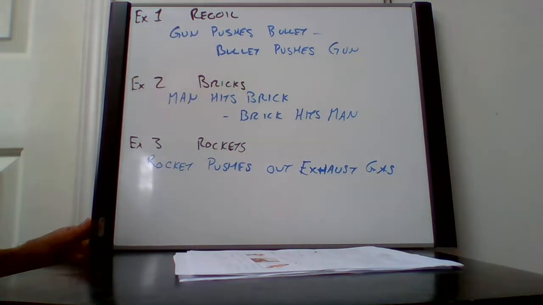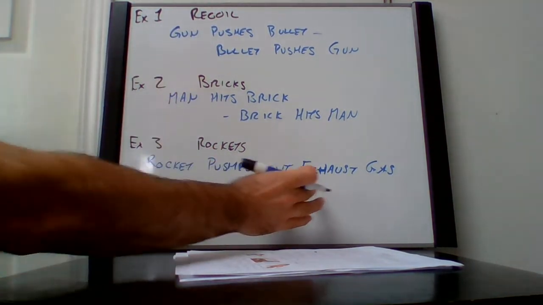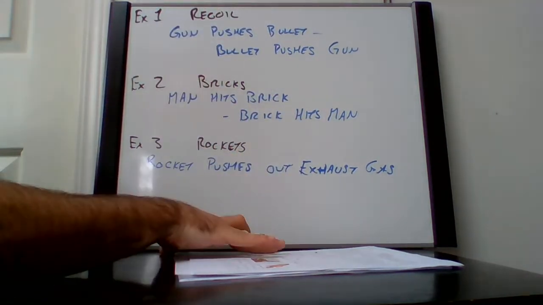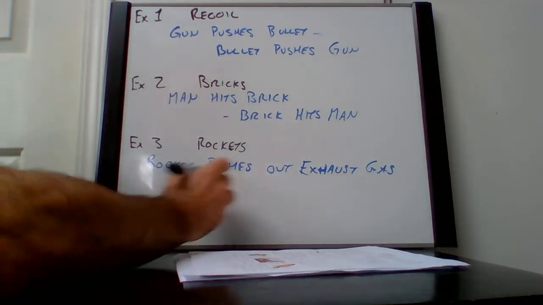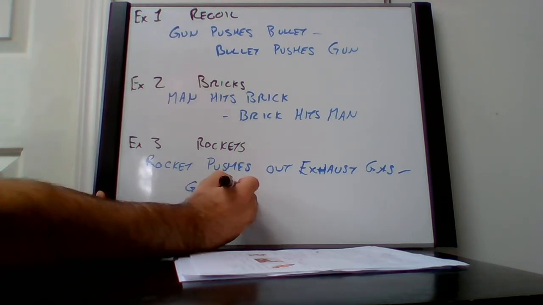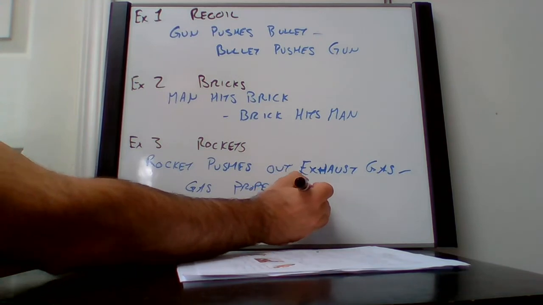We take a liquid fuel, we burn it, it turns into gas and it expands, and it's that exhaust gas that pushes, the rocket is pushing that gas out. And now because that gas is sitting right below it, the reaction force here is that the gas propels the rocket.